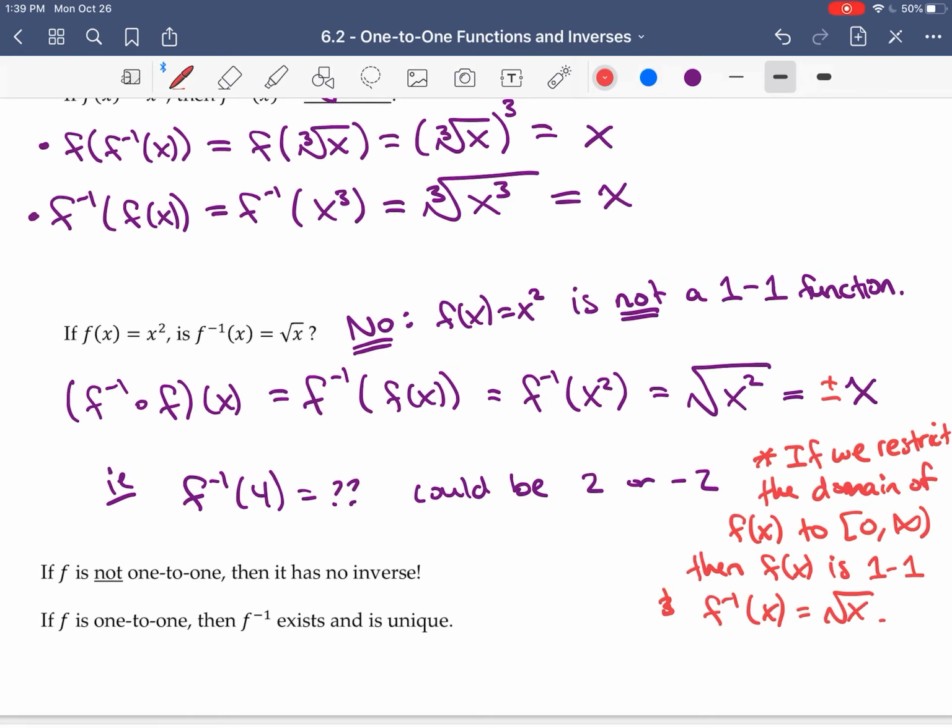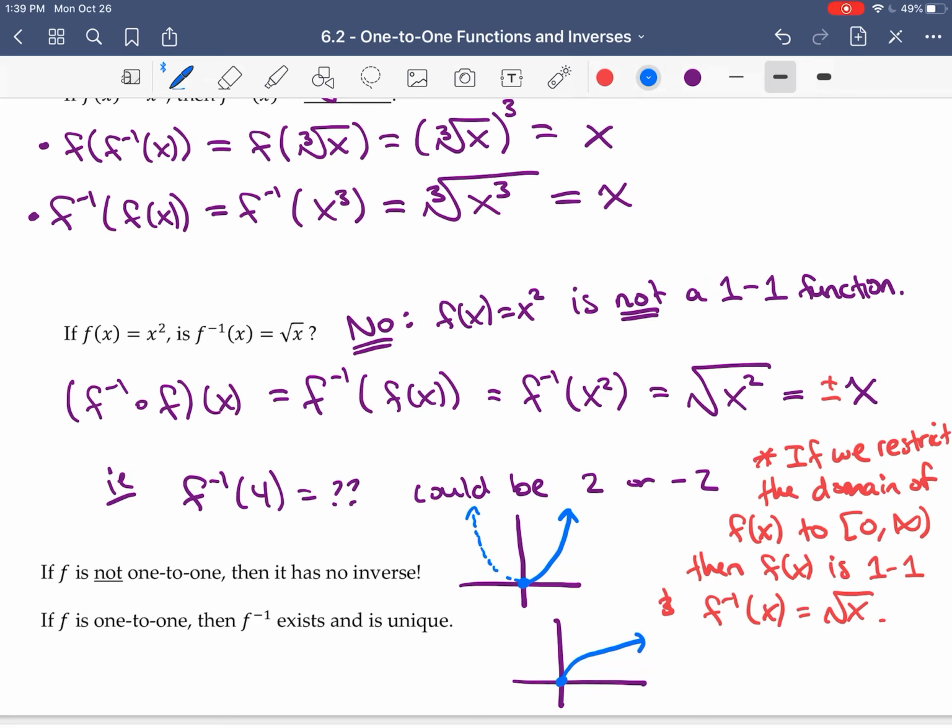If you make that little adjustment and take half of this parabola, getting rid of the other half, then it passes the vertical line test, so it is invertible, and the inverse would be the square root, which would look like that.